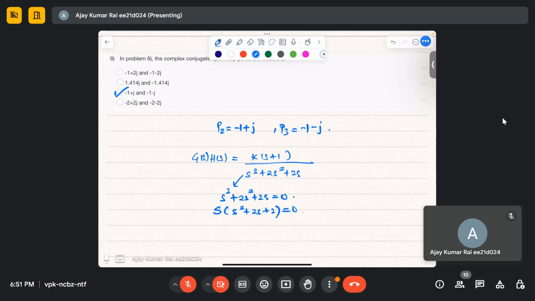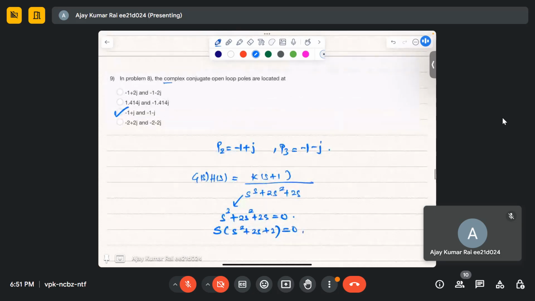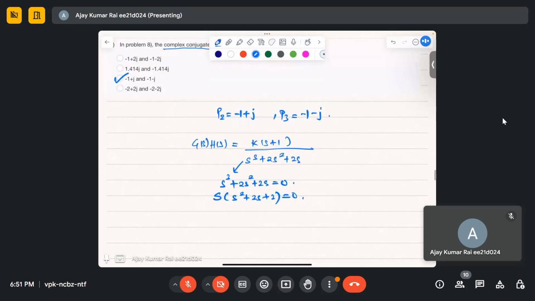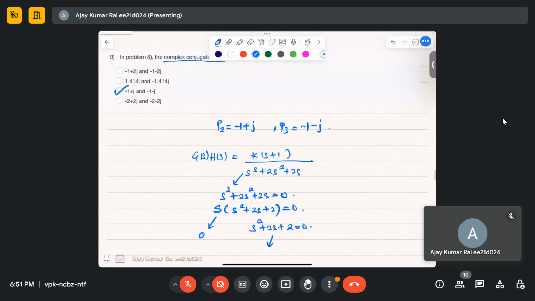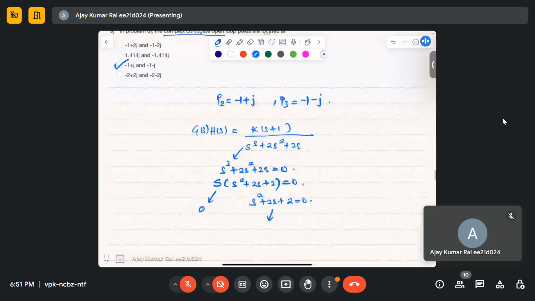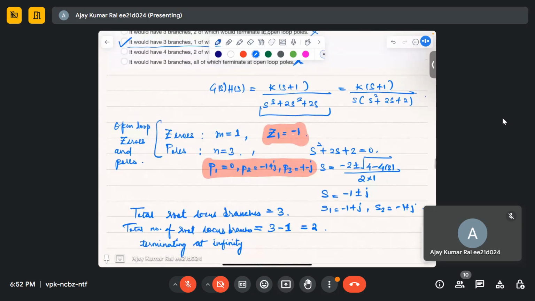Okay, equal to 0. So what they are asking is complex conjugate roots, right? So one is at origin, and if you solve this s square plus 2s plus 2 equal to 0, you'll get two complex conjugate roots. Okay, so that's what I have done in the previous question. So one of the poles is lying at -1 plus j, and the other is lying at -1 minus j.